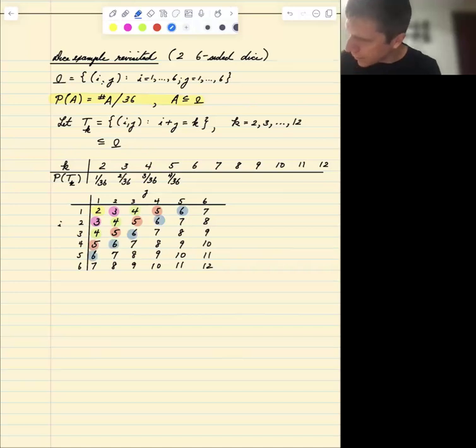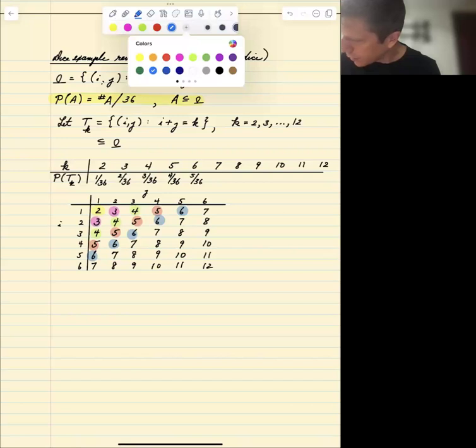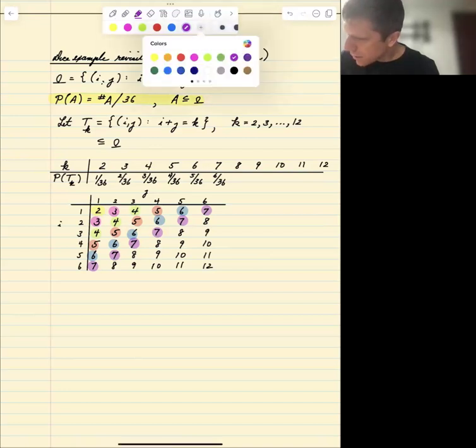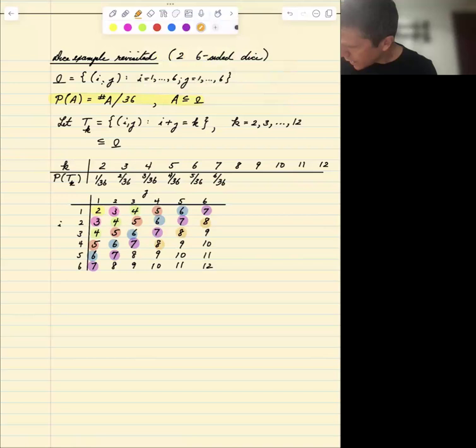Maybe I will, maybe I won't, but there's 5 6s. Actually, they have more colors here. Let's do purple. 7. 6 over 36. All right, let's go to 8. 5. That's pretty nice, actually.